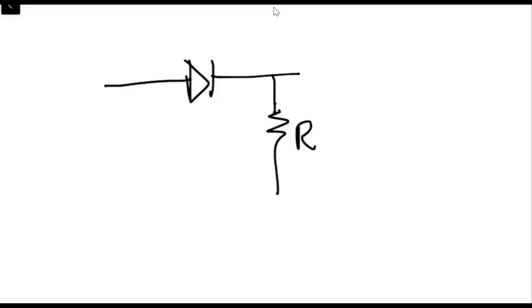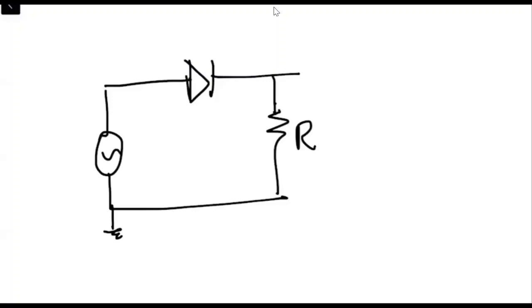So if we replace the DC source with an AC source, we say it is VI, and we are obtaining the output across the resistance as Vo over here. Are you with me?